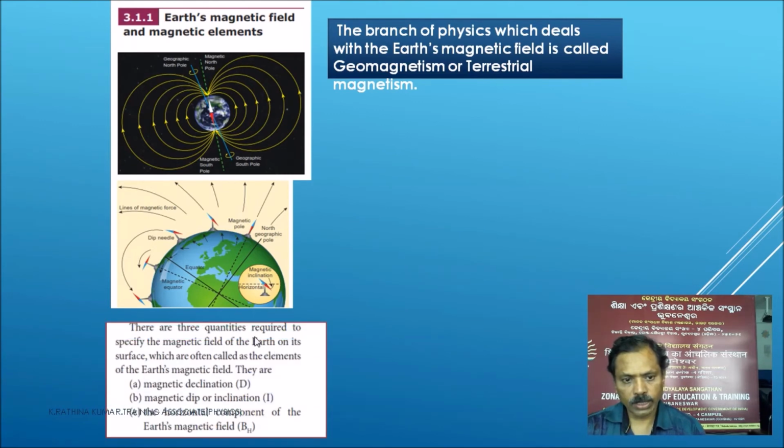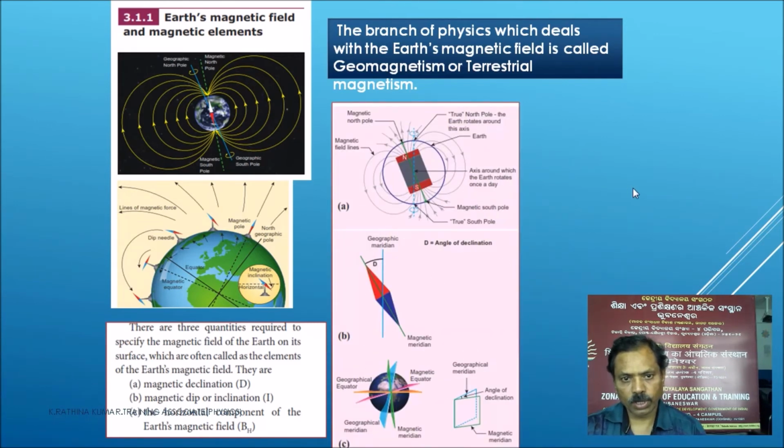There are quantities required to specify the magnetic field of the earth on its surface, often called the elements of the earth's magnetic field. They are magnetic declination, symbol D, magnetic dip or inclination I, and the component of the earth's magnetic field BH, that is, the horizontal component of the earth's magnetic field.